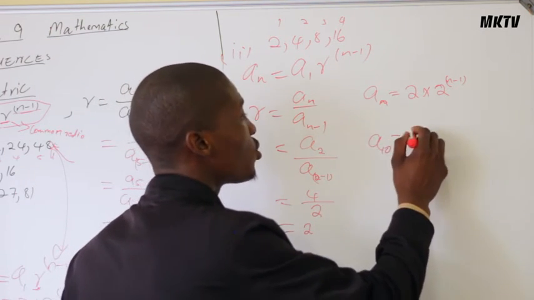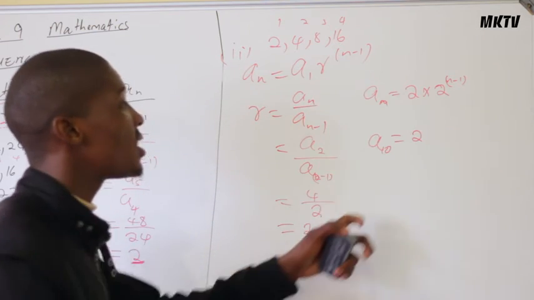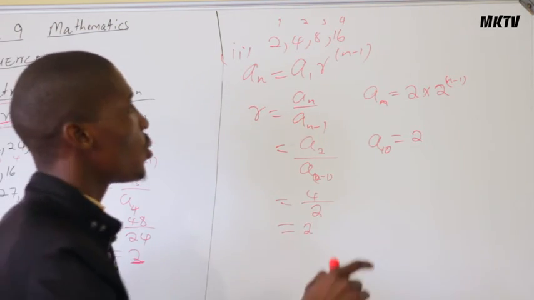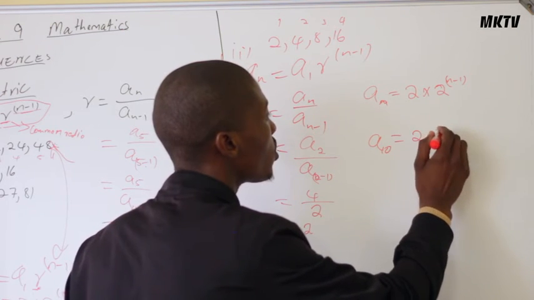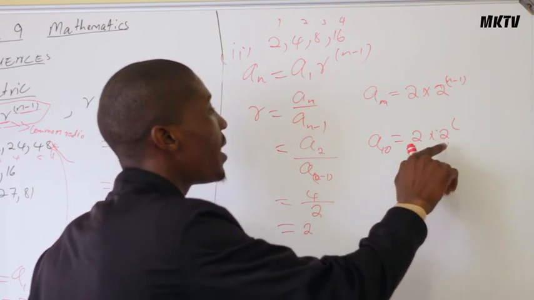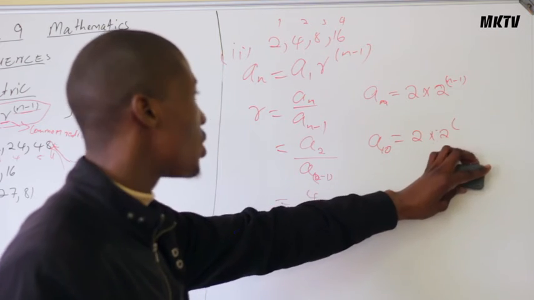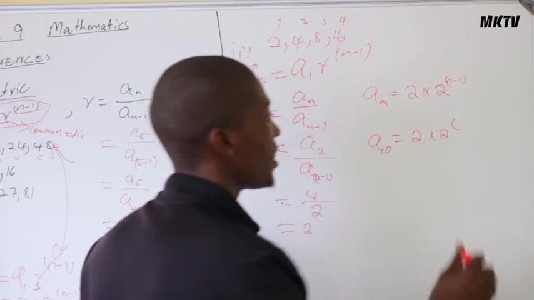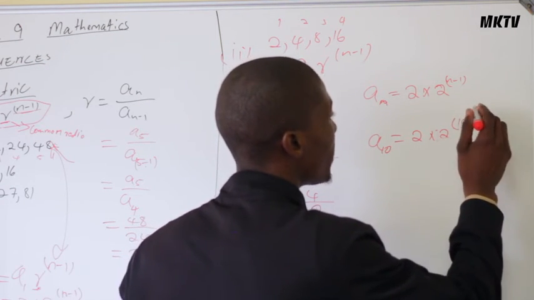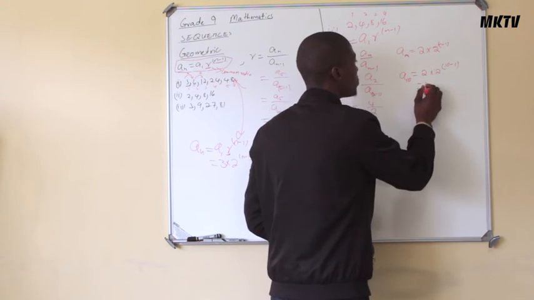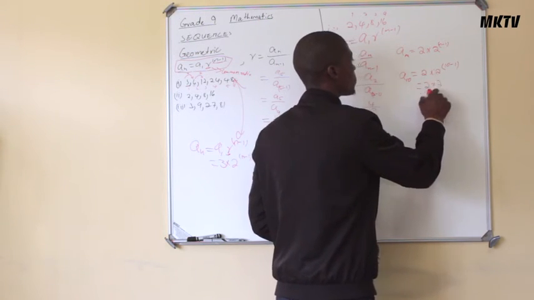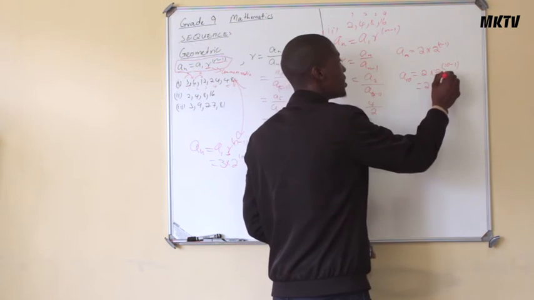Our first term from the sequence is 2, and our common ratio is also 2. It should be raised to power n minus 1. So we set n as 10, that says 10 minus 1, which is 9.